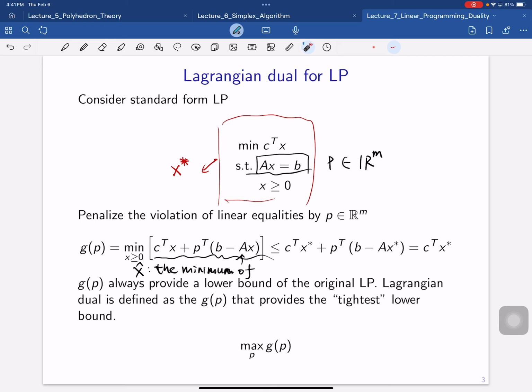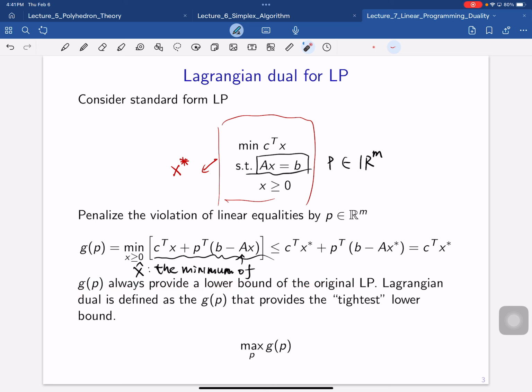It is the optimal objective of the original LP. So in conclusion, no matter what value p you pick, independent of which value of p I pick, this function g(p) will always be less than or equal to the original objective value. That is an argument where you can see g(p) provides a lower bound of the original LP.